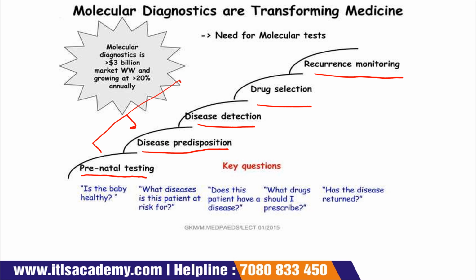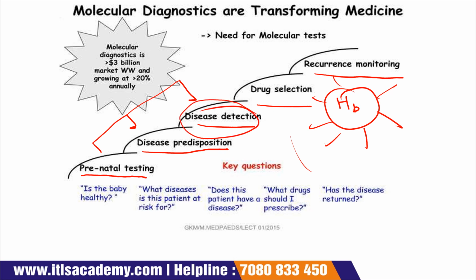After that, the disease is detected. Suppose a person has a low hemoglobin count, then there are many causes of this, so we predict all the causes. But when we perform a test, the disease is detected, and according to this disease the drugs are selected for the cure. Then when the disease disappears with the help of a particular drug, we monitor the recurrence of that particular disease. So for all these things, we require molecular testing.